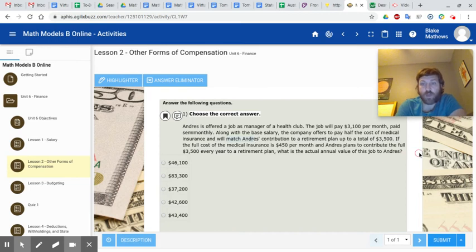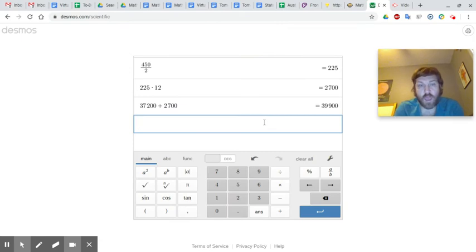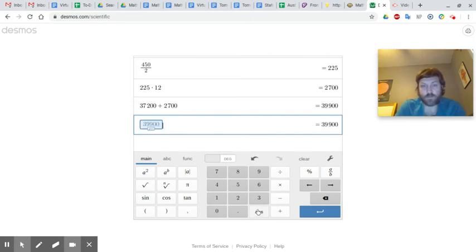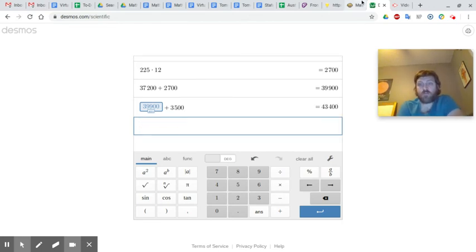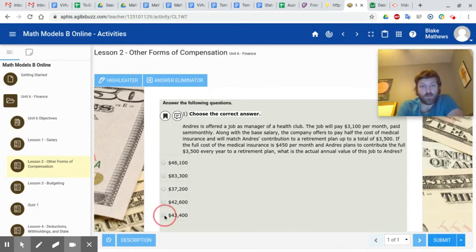So they're going to pay that as well. You can always click this answer button, which is super helpful. Plus 3,500, and it's 43,400. And there it is right there. Really that's all you're doing: you need to account for whether or not something is monthly, whether or not they're paying half or whatever, and add it to the pay.